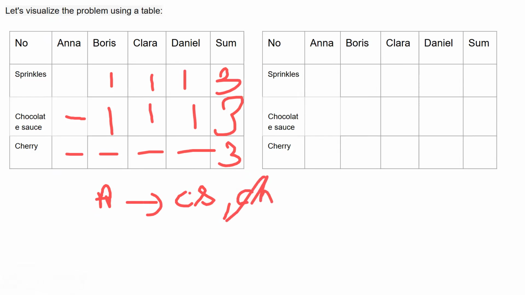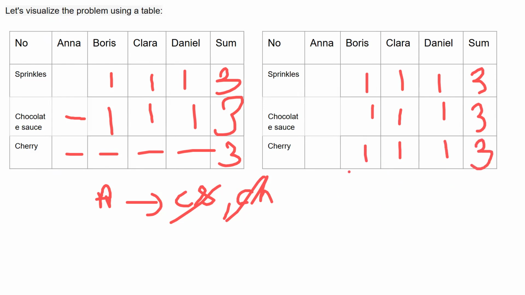So if that is the scenario, what do we end up with? We already know that Boris, Clara, and Daniel had sprinkles. Boris, Clara, and Daniel had chocolate sauce. Again, Boris, Clara, and Daniel had cherry on top.